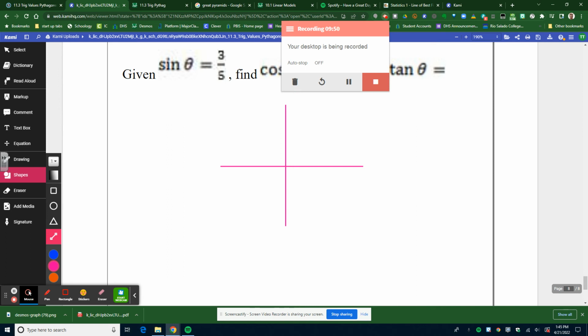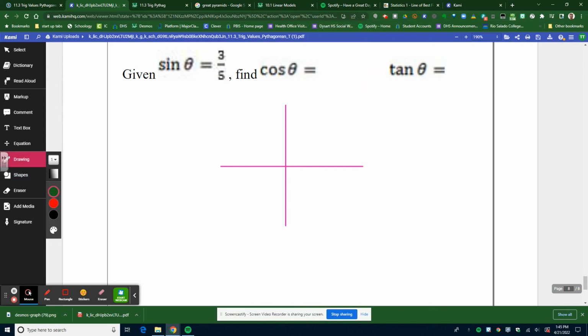Wake up, Ahmad! There you go. All right. So I am plotting the point 4, 3. So cosine is going to be 4/5. So I go 1, 2, 3, 4 to the right, 1, 2, 3 up because sine is up. I'm going to make my line from here to here.